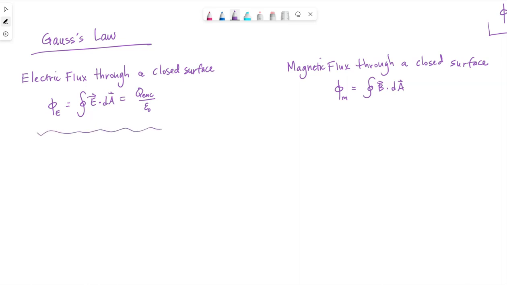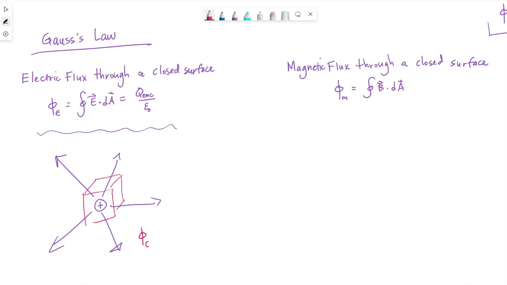With electric flux, that meant if I had a charge, just for simplicity's sake, positive Q, and I put a closed surface, like a box, the flux through this closed surface, electric flux, was simply equal to that charge divided by our constant epsilon naught.